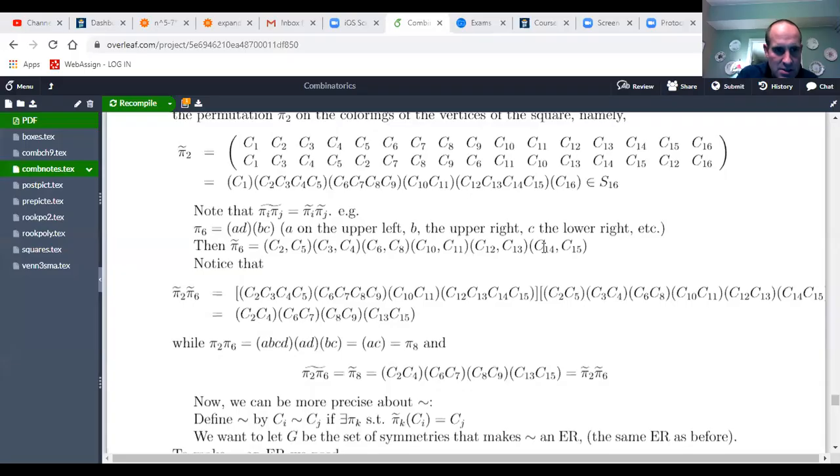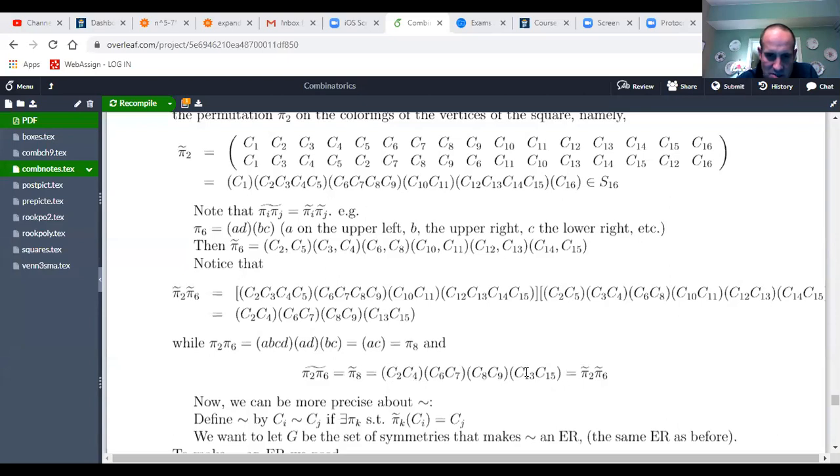Okay, so back over to here. Let's go back in here. So what did we have? Pi 2, pi 6. It just ends up being AC, and B and D were both fixed. And indeed, if you take this permutation and look at all the colorings, pi 8, the flipping of A and C back and forth, induces this as a permutation.